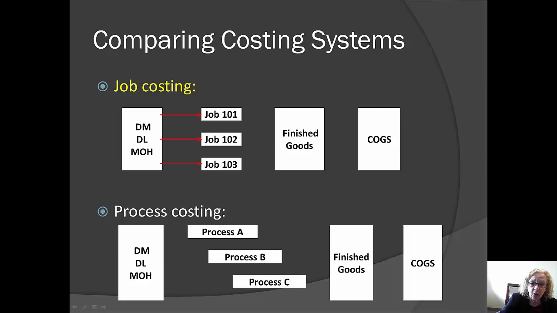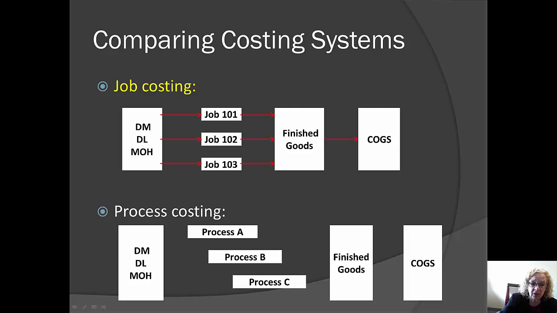Each job can also be finished separately. One job is not dependent on another job, so they move into finished goods as they are done. And then eventually, jobs are sold and their costs are transferred off the balance sheet and onto the income statement as cost of goods sold.